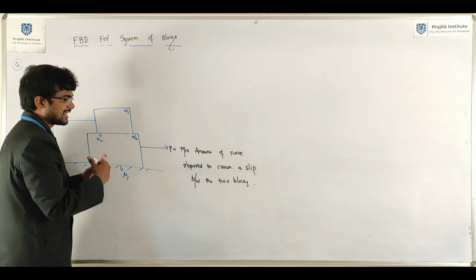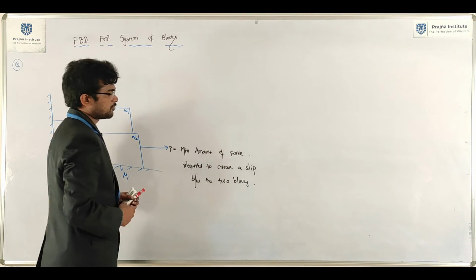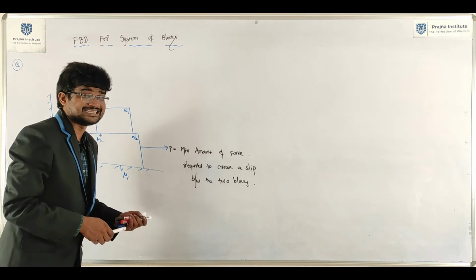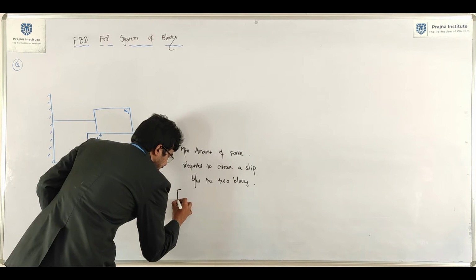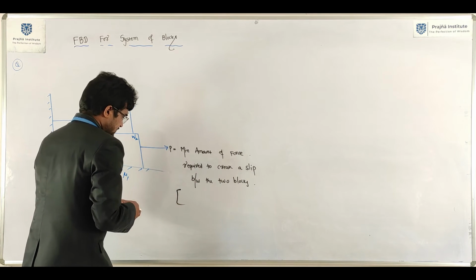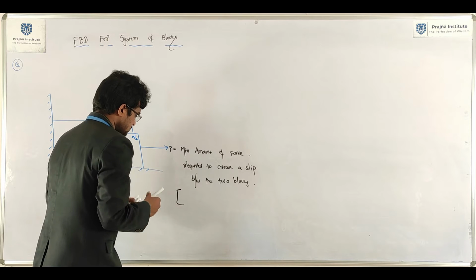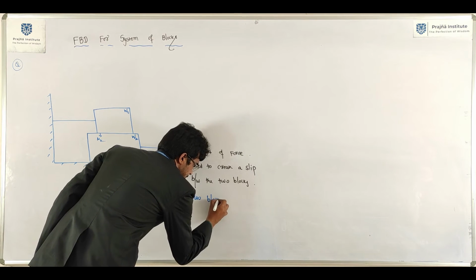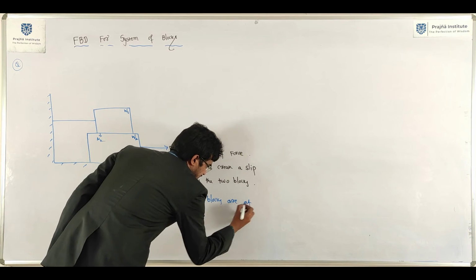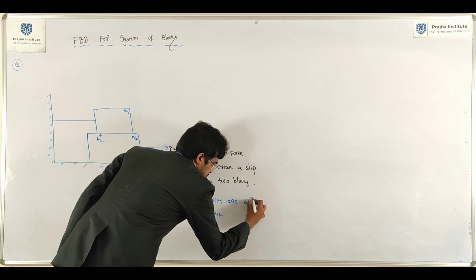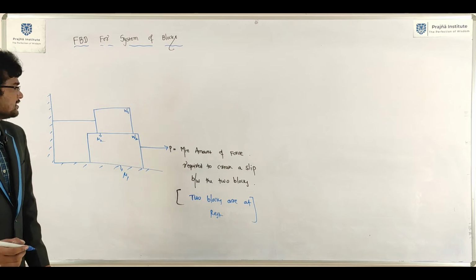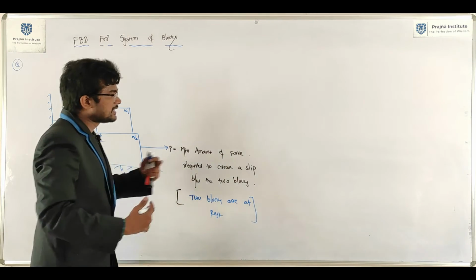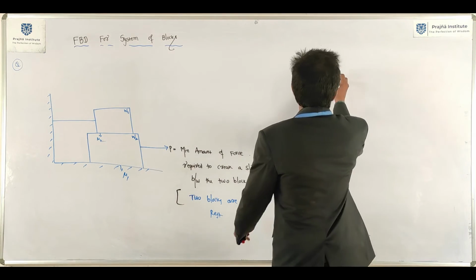So they are asking the minimum force required to create a slip; here the two blocks are at rest, not in motion. Now we can draw the free body diagram for block 1.